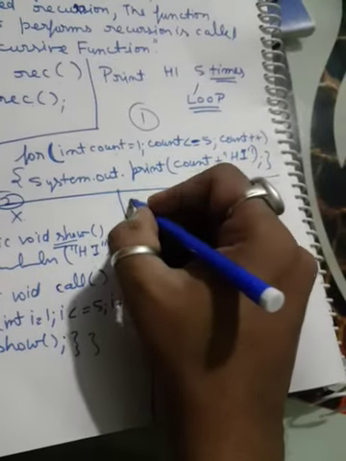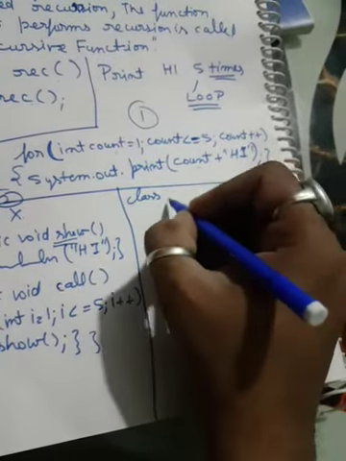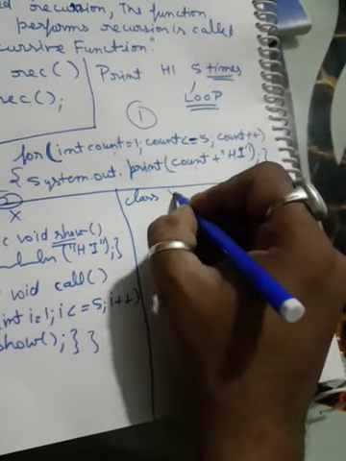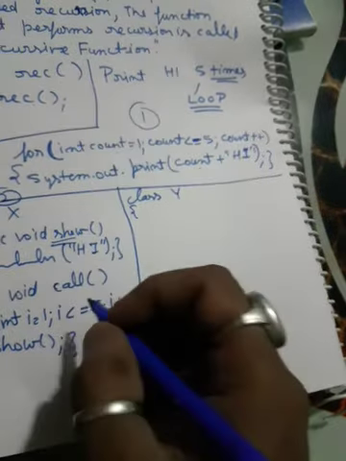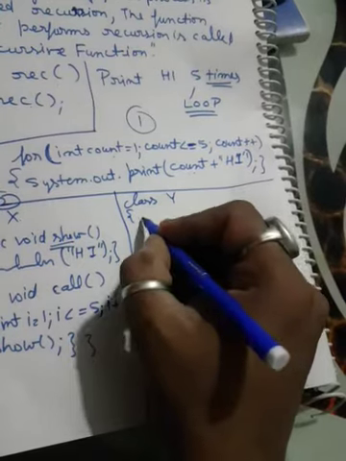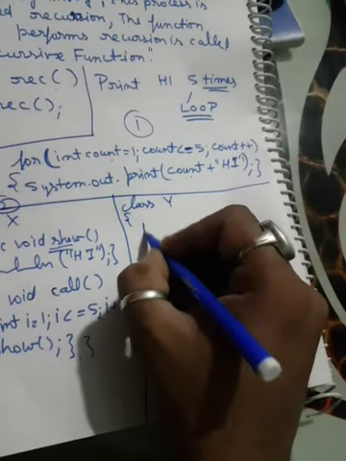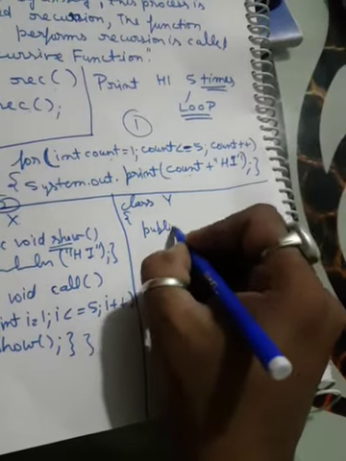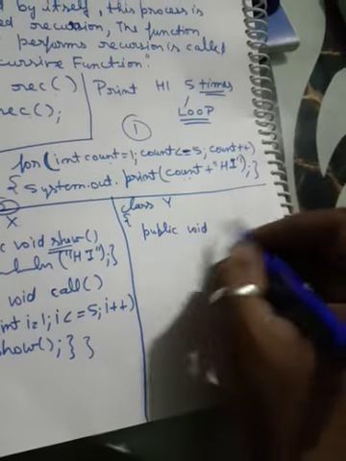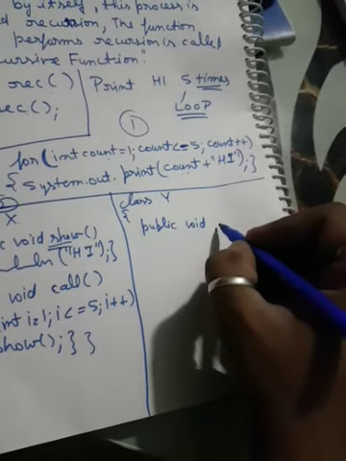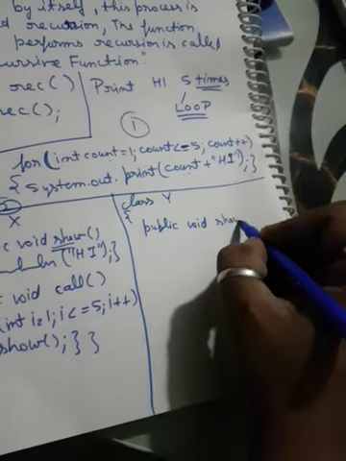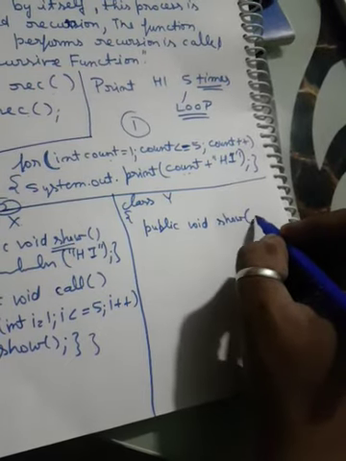So how I'm going to do that here? Class, suppose Y, I have given the name here. Now here what I do, public void, name of the function I have given, show.